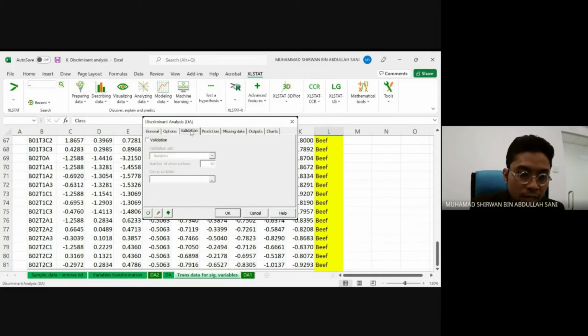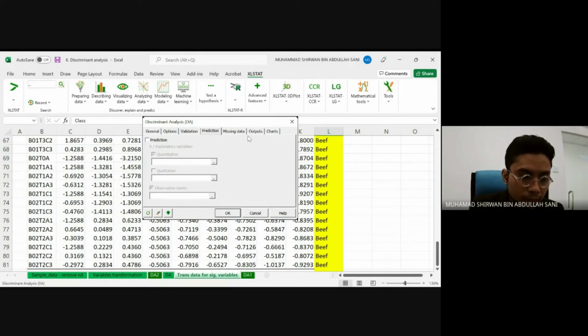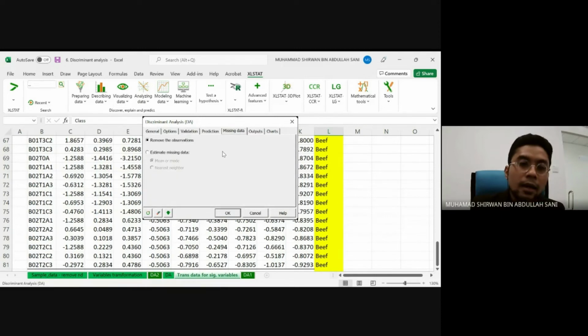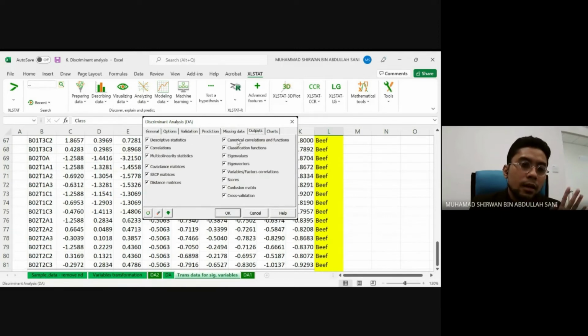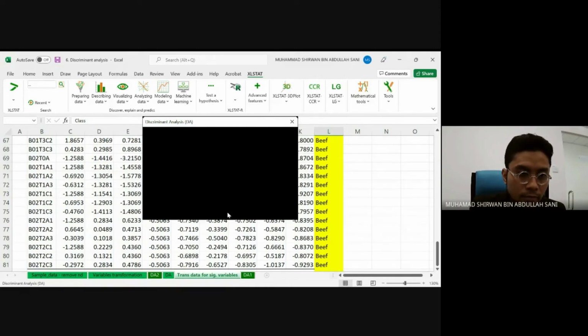For validation, let it be. For prediction, also let it be. For missing data, choose remove the observations. For output, tick all boxes. For charts, again tick all boxes, and make sure for number of observations you choose 10,000. You can go higher than that. Then you click OK.